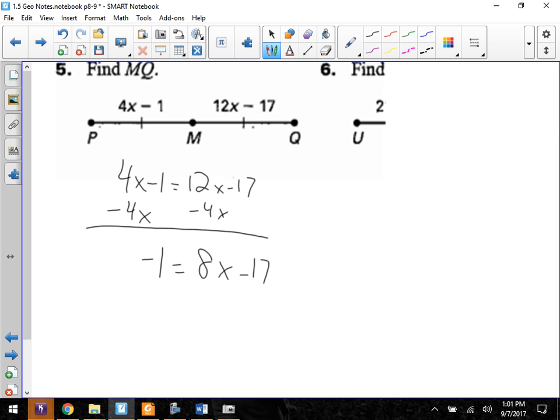What do I do next? Add 17. I guarantee you right now, if one of you guys looks down on your paper and you were getting ahead of yourself, I bet at least one of you got the negative in front of the 1. Yes. No, seriously, it's a super common mistake, okay? It's irritating. Make sure you remember that after you move something around, that negative's still there.